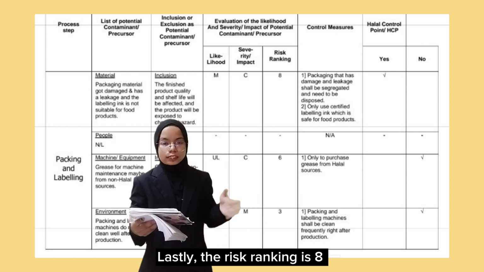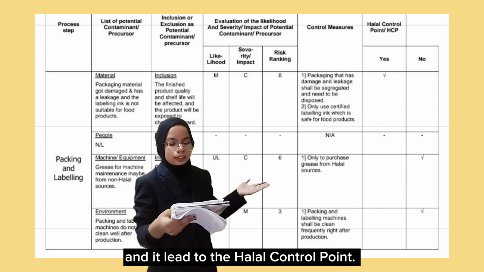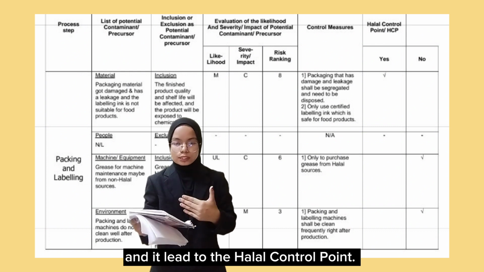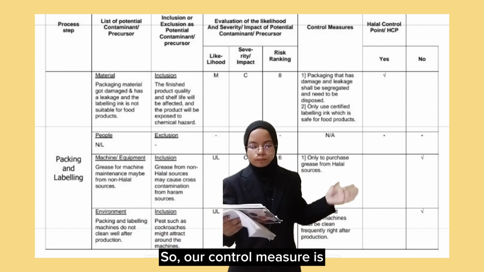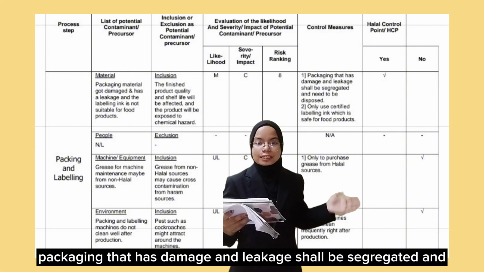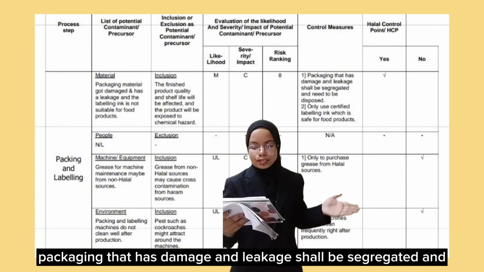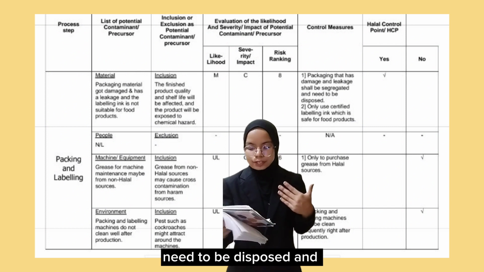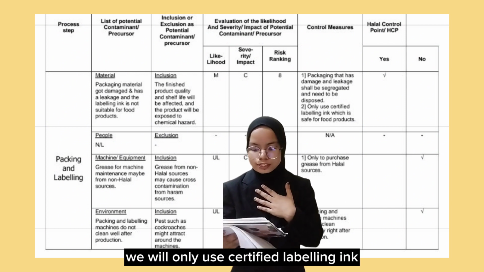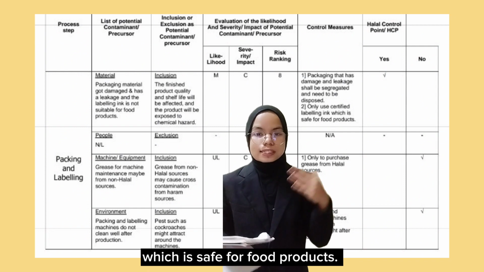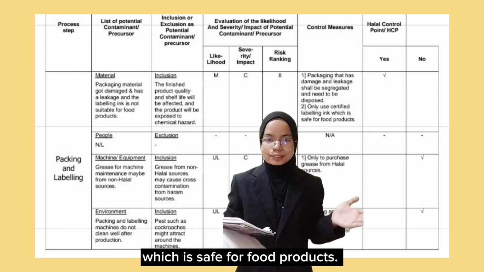Lastly, the risk ranking is 8 and it leads to the halal control point. So our control measure is packaging that has damage and leakage should be segregated and disposed, and we will only use certified labeling ink, which is safe for food products.